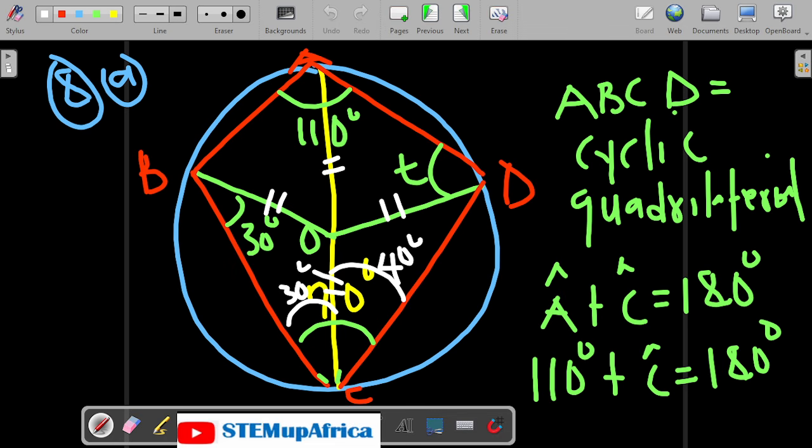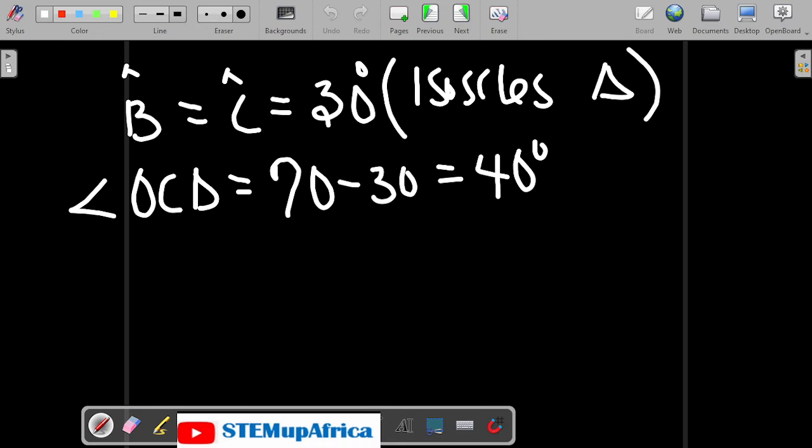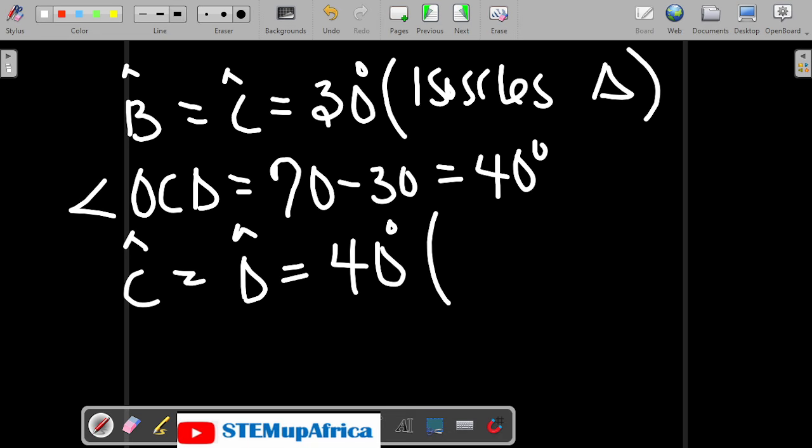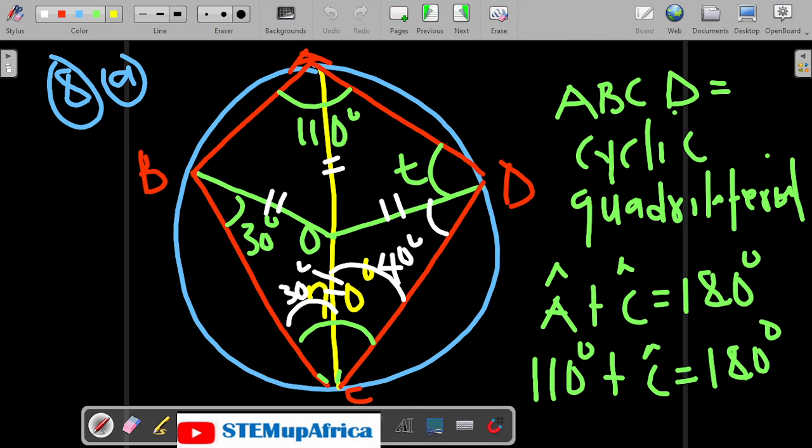If that angle is 40, then we can also agree that angle ODC is 40 degrees, because it's also an isosceles triangle. So angle C equals angle D. Both of them are 40 degrees. Reason: isosceles triangle.